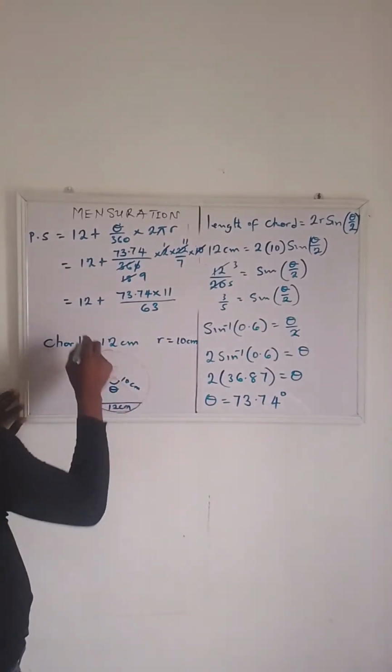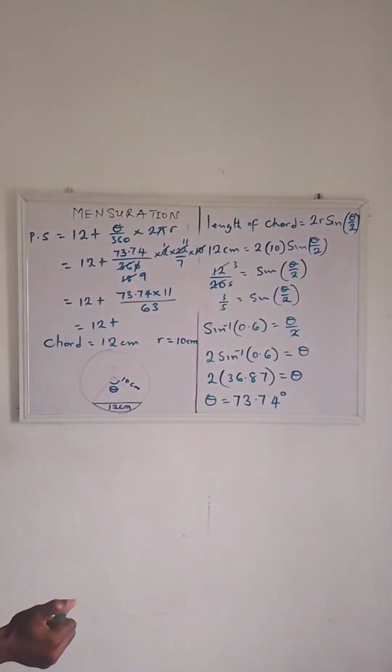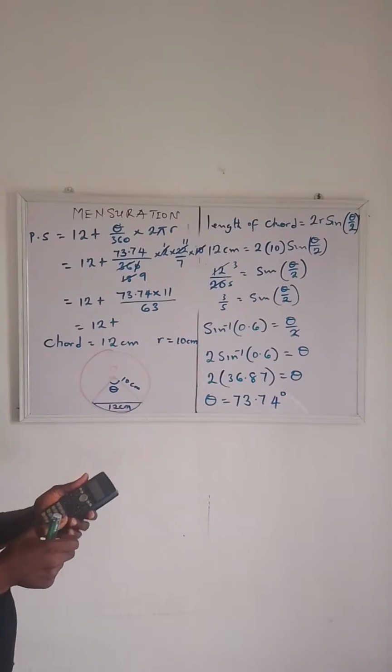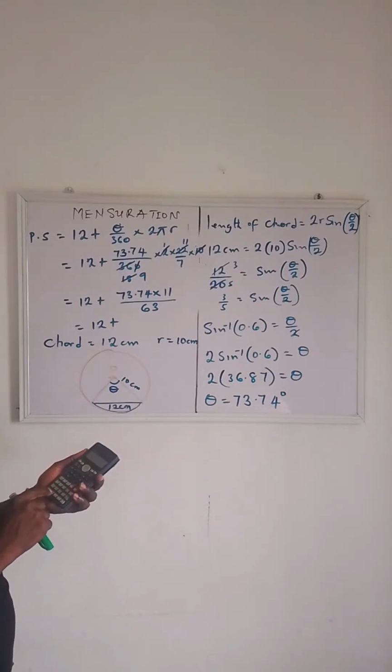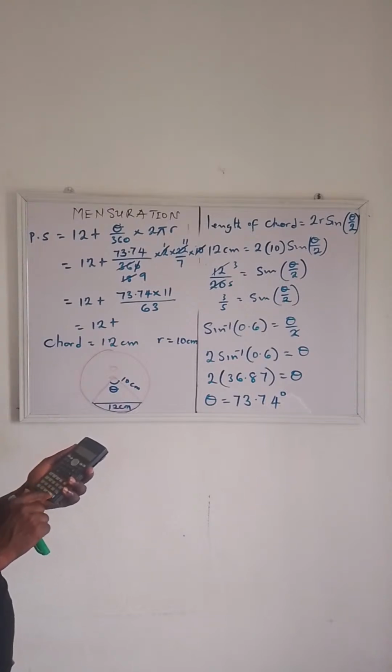Okay, so now we have 12 plus, now let's evaluate this. We can evaluate that making use of our calculator. We have 73.74 times 11, now everything divided by 63.